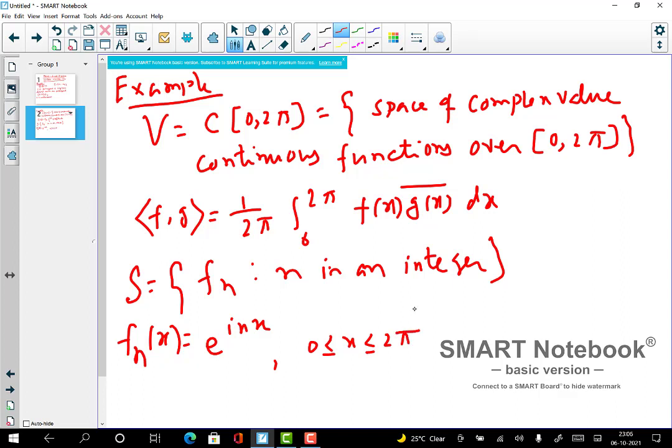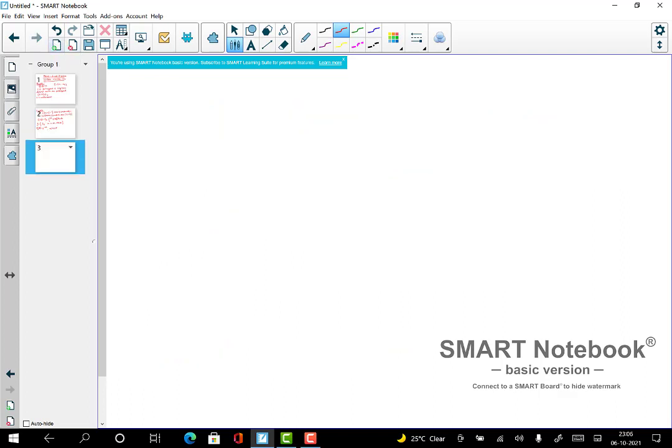This is the definition of f n. Obviously f n is a continuous function on the closed interval 0 to 2 pi, and one can ask whether these f n's form an orthogonal or orthonormal set.